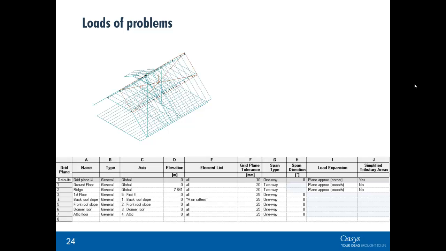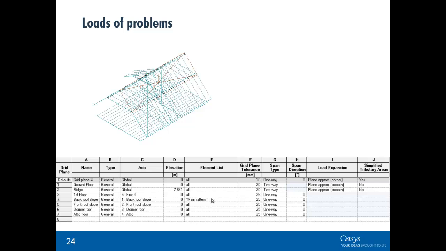We had a look at it, and in grid plane number 4, he had restricted the element list down to just the main rafters, which can be very useful for grid loads to make sure that no additional elements get included in that by accident.